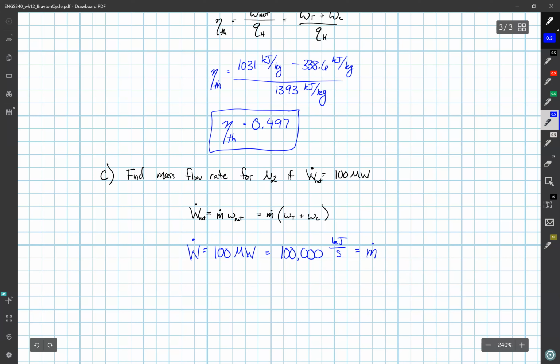And that equals the mass flow rate times the net work, which is the work that we're getting from our turbine, 1,031 kilojoules per kilogram, minus the work that we had to put into our compressor, 338.6. And if we run those numbers, we get a mass flow rate of, I believe it's 144.5, not kilojoules. That's a mass flow rate, kilograms per second.